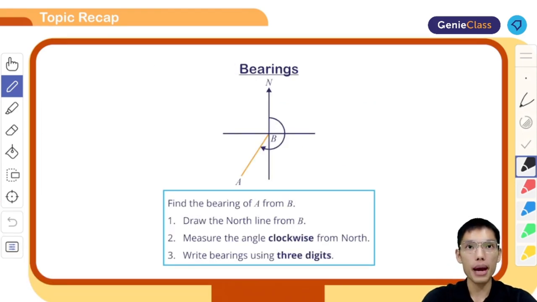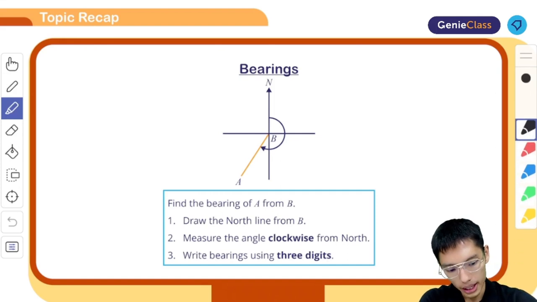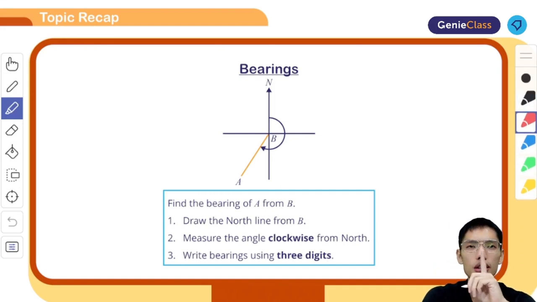So how do we do it for the bearings? Recall, this is a common mistake that some of y'all may notice, because bearings are always in reference to the north line. There is a common misconception on how the point is oriented.